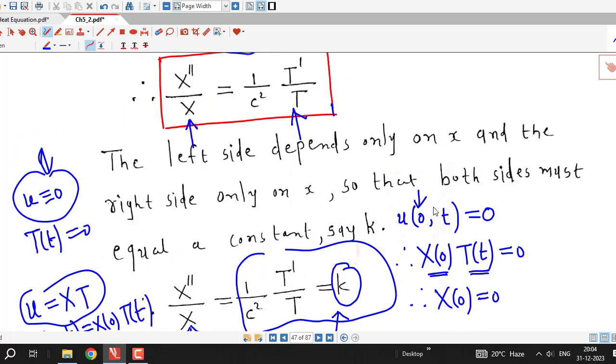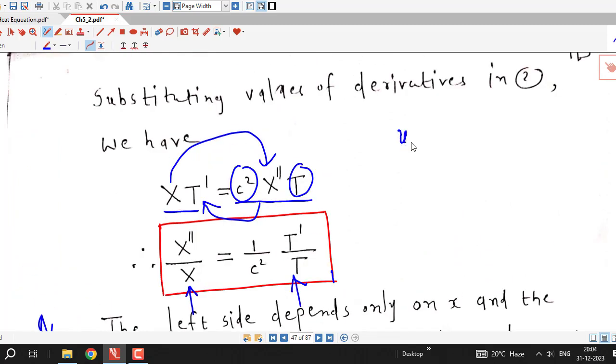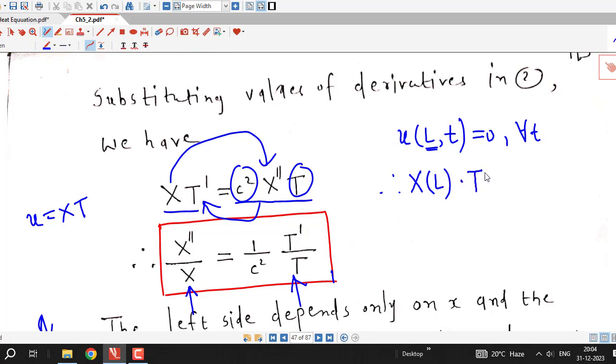And the other boundary condition is u(L,t) equal to 0 for all t. From this expression, u is given by X into T. So here small x is L, therefore X(L) times T(t) equal to 0 for all t, and therefore we must have X(L) equal to 0, because if this is 0 then u is 0.